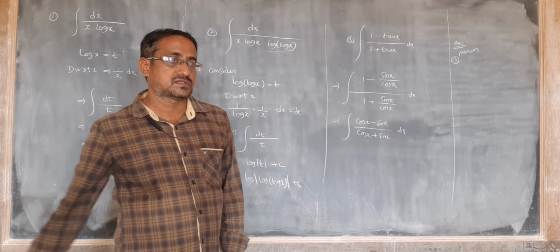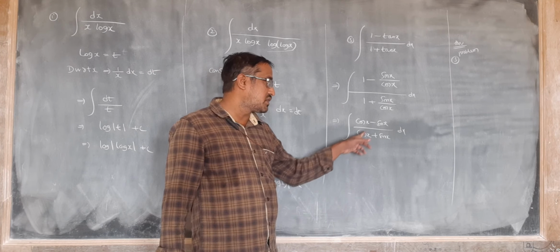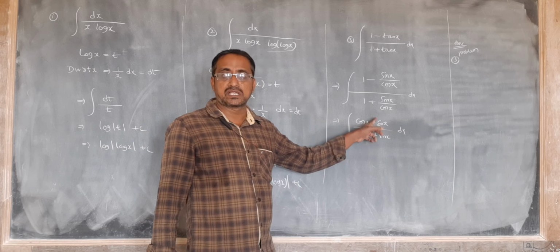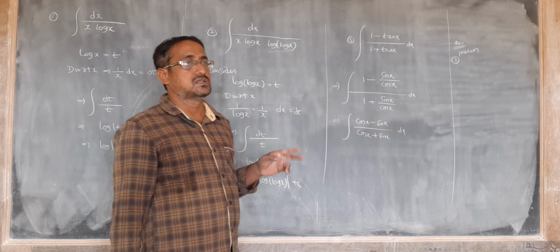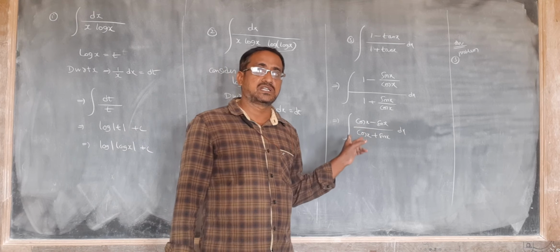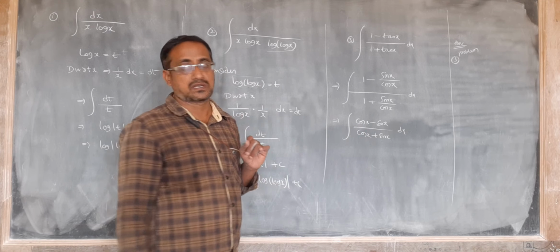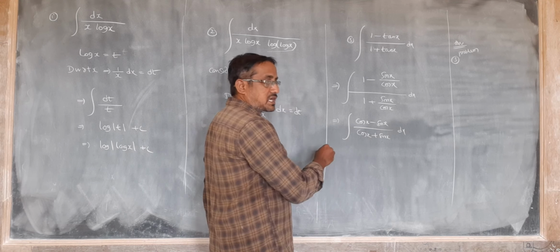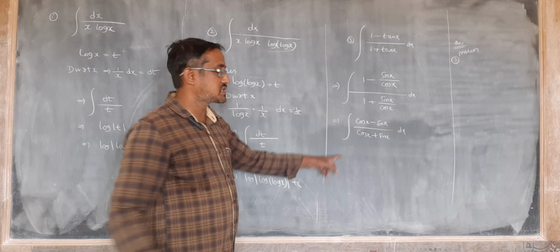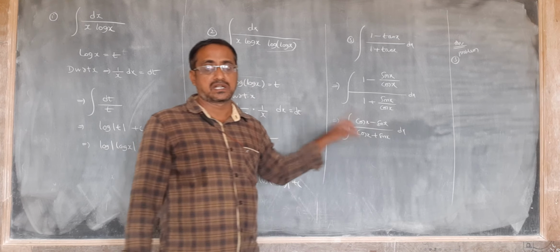Observe the derivatives. The derivative of cos x is minus sin x. The derivative of sin x is cos x. So the function in the numerator is the derivative of the denominator. You can use the formula directly, or you can take the function in the denominator as t.